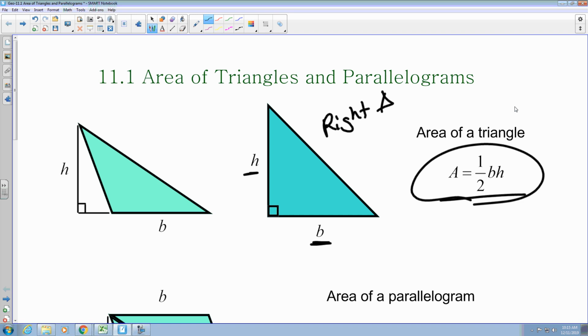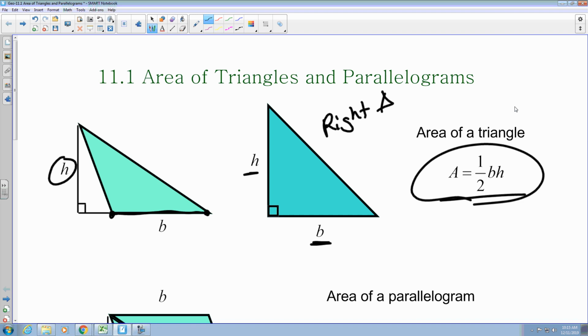Now, when you have either an acute or an obtuse triangle, you have to make sure that whatever you choose as your base, you are making your height perpendicular to that base. So in this case here, the height is going to be illustrated on the outside of this particular triangle.